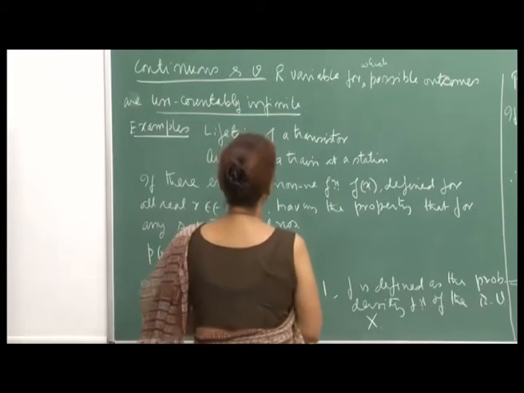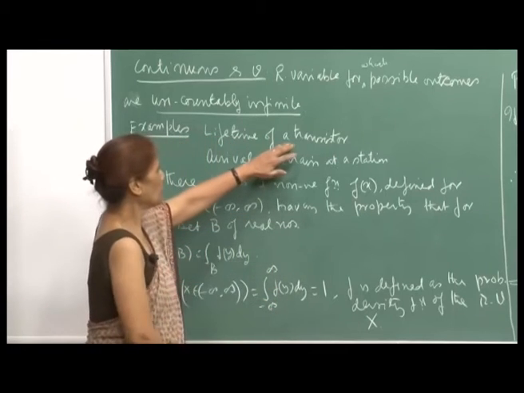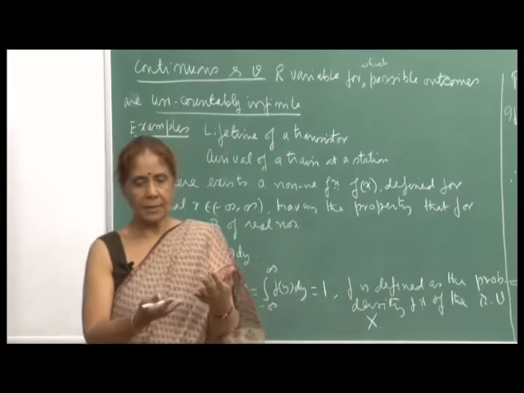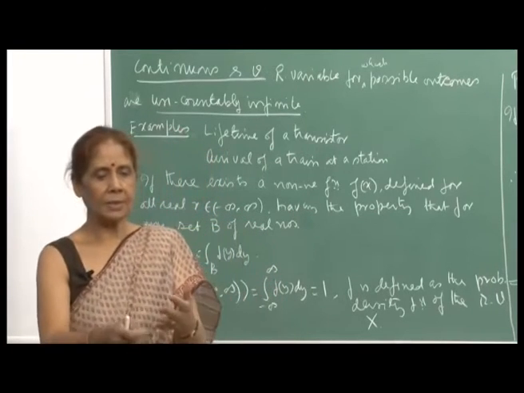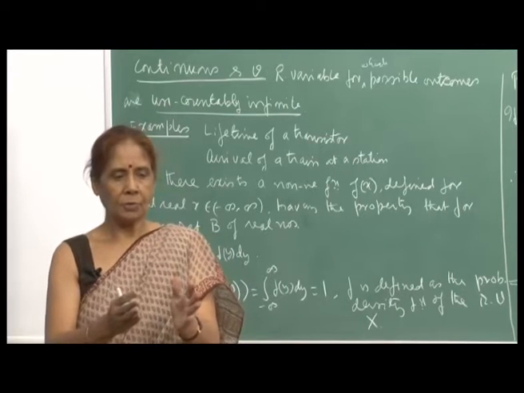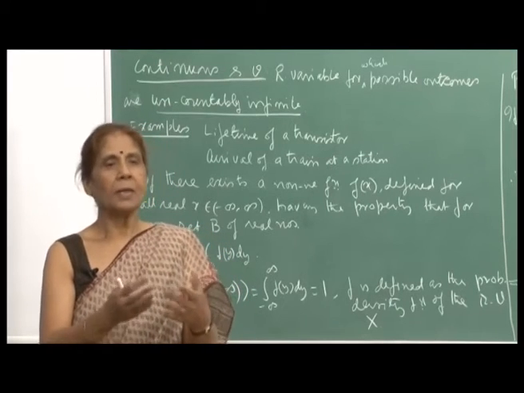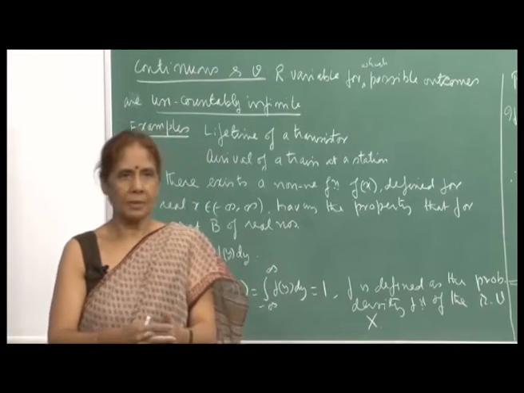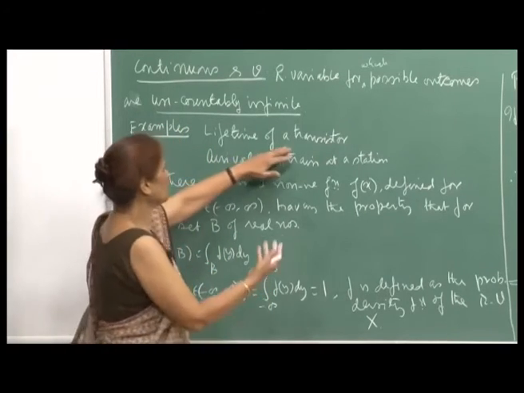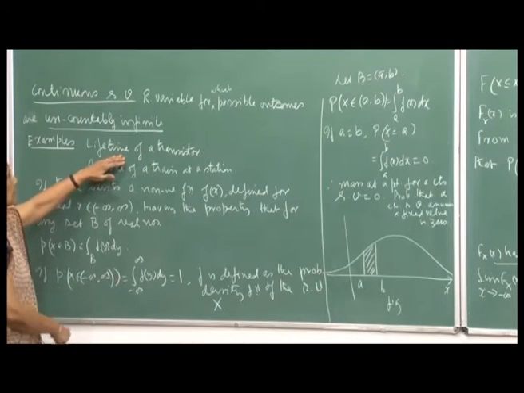Examples are the lifetime of a transistor. Of course, you do not know when exactly a transistor will fail, but you might say that because you have a finite clock, you can say it failed at this many units, which means the lifetime is finite, but then it depends on your counting system. If you make it as fine as you want, you can treat this as uncountably infinite.